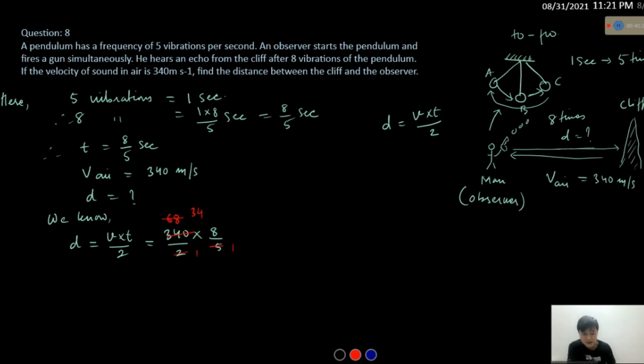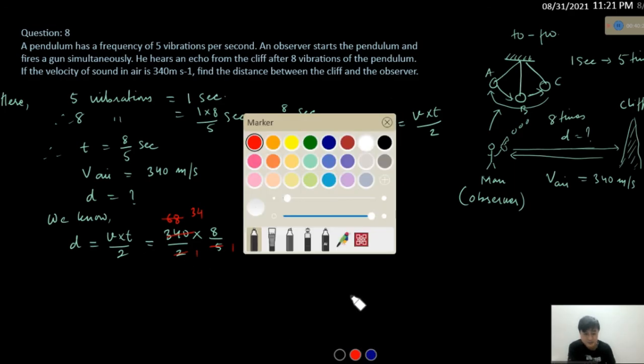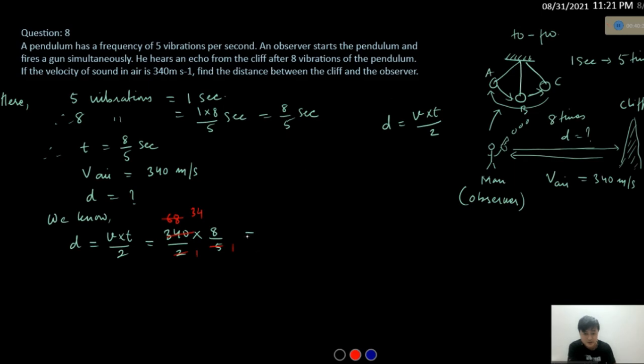This is equal to, 8 4 are 32, 8 3 are 24 plus 3 is 27. This is distance, so it will be in meters. Velocity is in meter per second, multiplied by time in seconds. The second will cancel, so meter will be left.